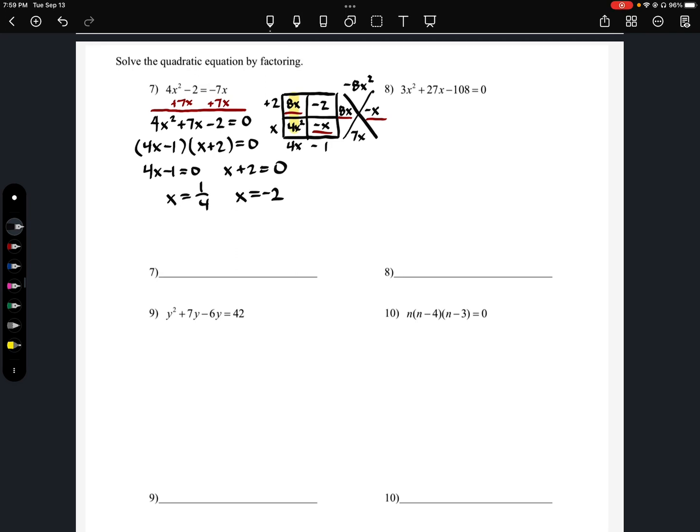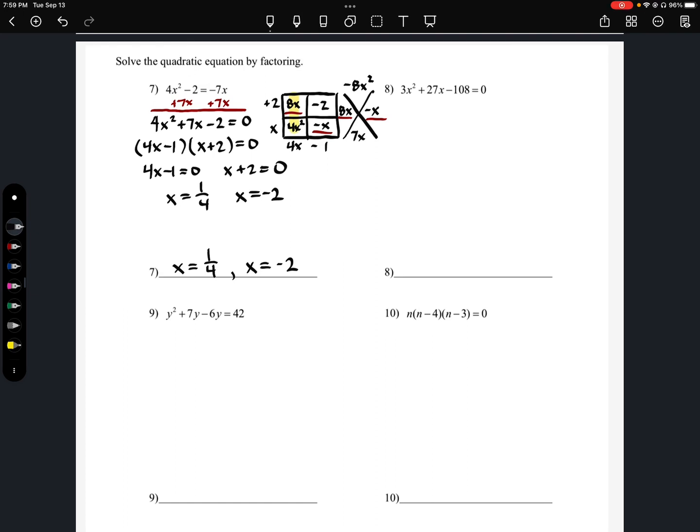And you could take each of those and plug them back in to check to make sure that it makes your original equation true. For time's sake, you don't want to have to watch me do that, so we will just verify here. x equals 1/4 and x equals negative 2. All right, let's move on to number 8.